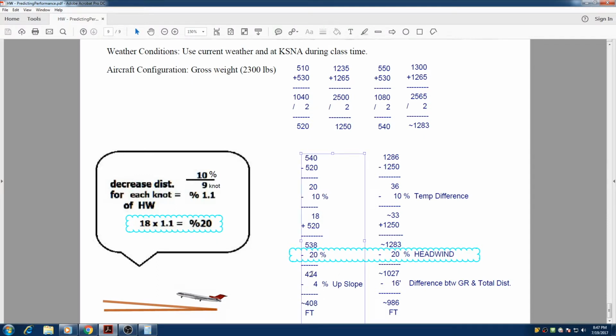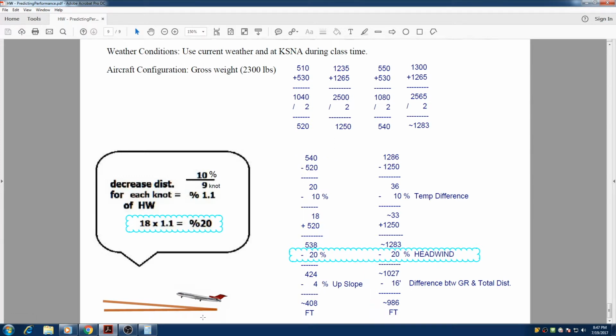And the last consideration is the upslope. So we have an upslope runway for landing. It's going to stop us sooner because we're landing in this direction. So how much sooner? If we take 424 minus 4%. Why 4%?